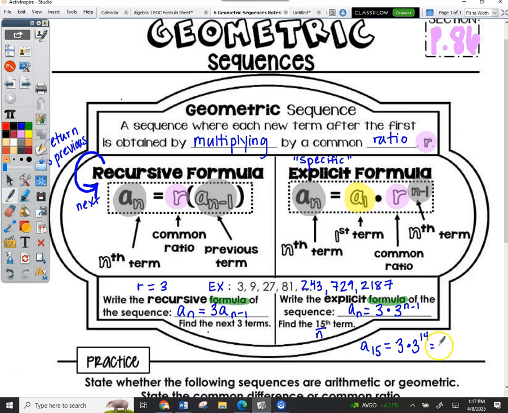Now can you read me the number? And I know it's a massive number. What is it? 4,782,969.